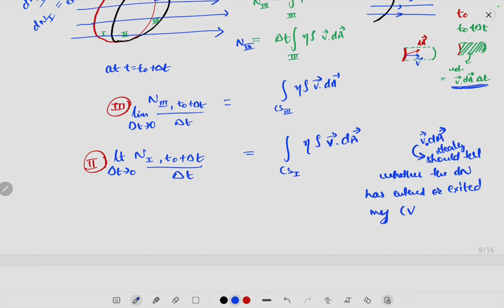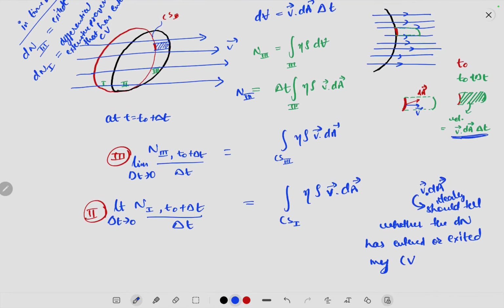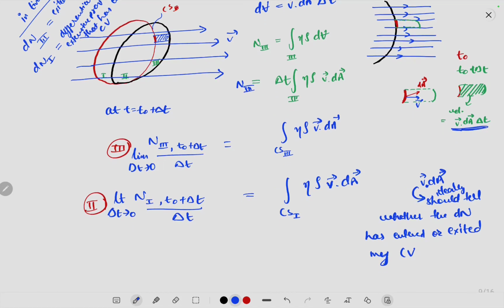Okay, but I have already assumed what is entering and what is exiting, right? So we should do the analysis in general, which we have not taken in this case. In general we should assume signs to be positive, and if the real sign of that thing is negative, while doing the calculations you eventually would get the sign negative.